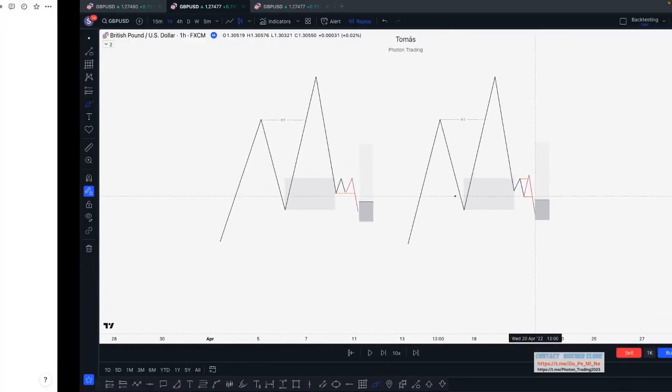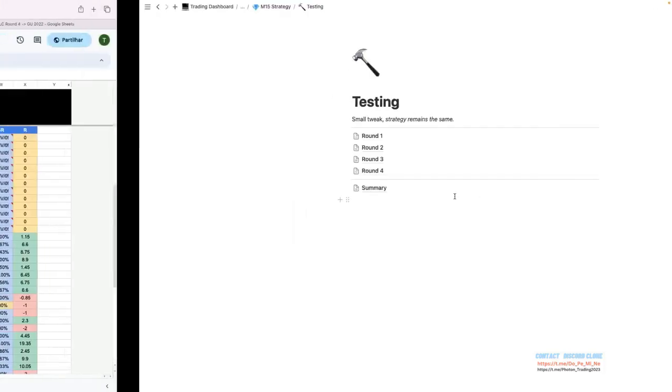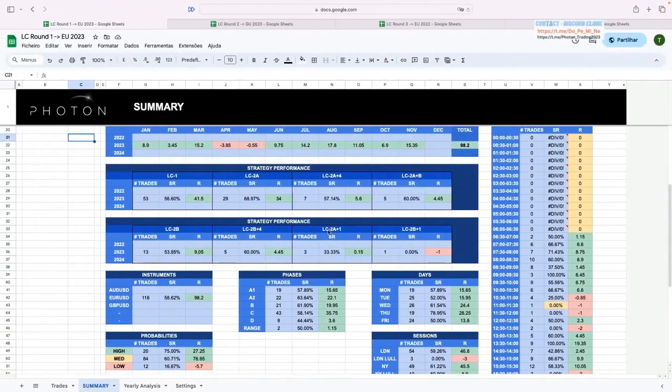I also test LC2A plus 1, which is when you have LC2A, a fake break, but you also have low time frame lead as extra confluence, and the same as well for LC2B, which is the equals.